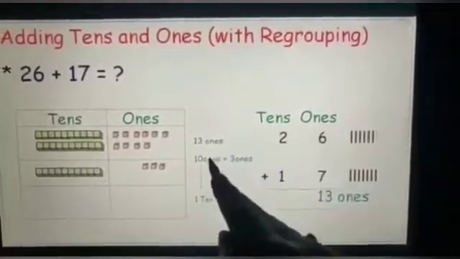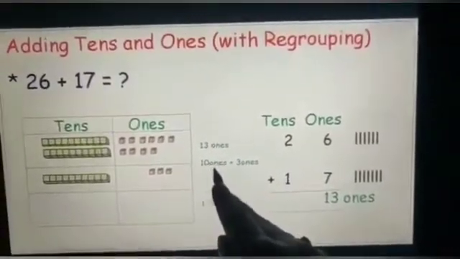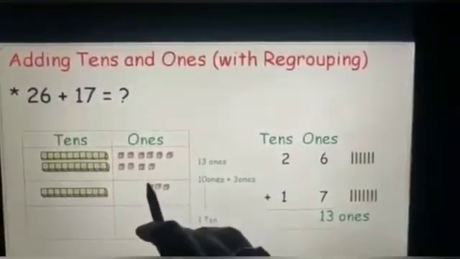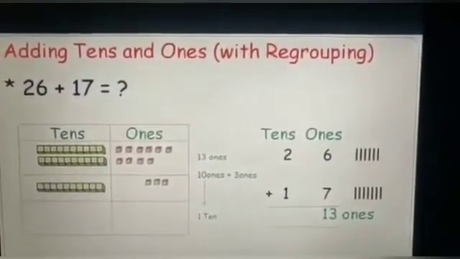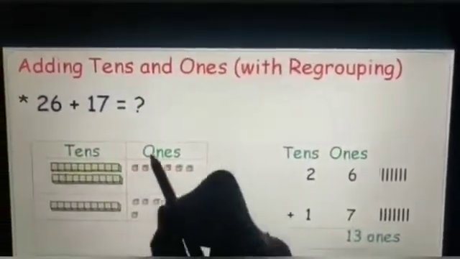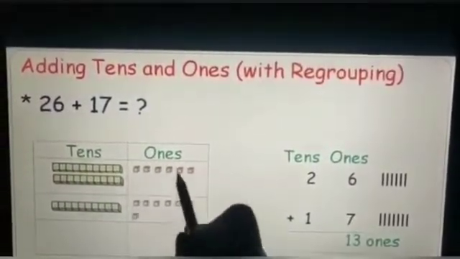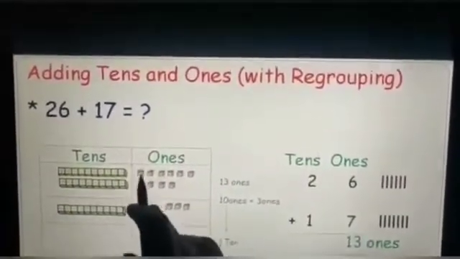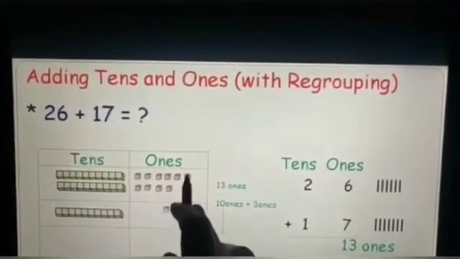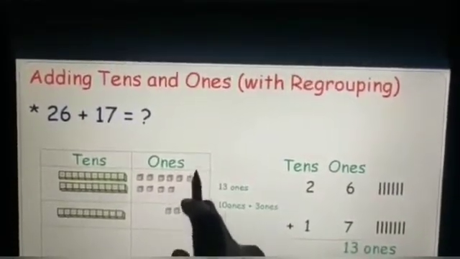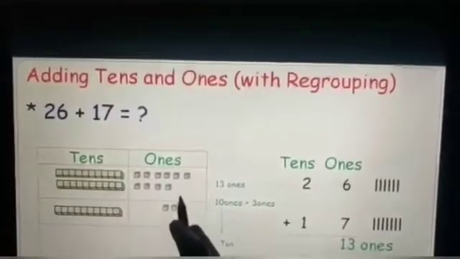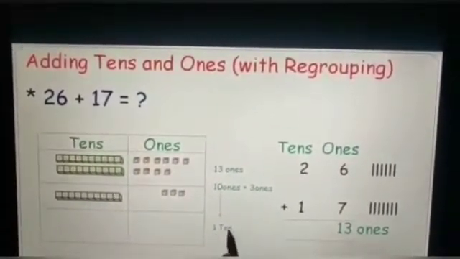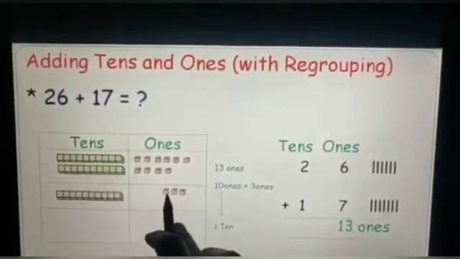In the last session, we discussed 10 ones is equal to 1 ten. So I collected all the ones blocks and made a set of 10. 1, 2, 3, 4, 5, 6, 7, 8, 9, 10. And I know, and you also know, these 10 ones blocks are equal to 1 ten, and the leftover 3 blocks are here.